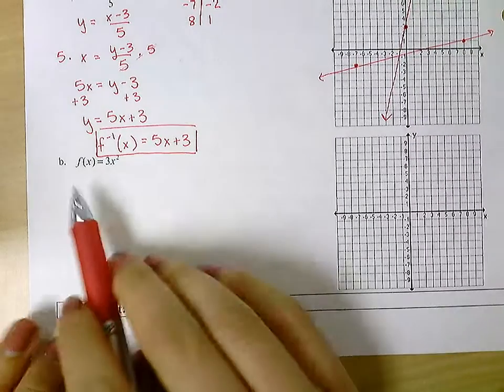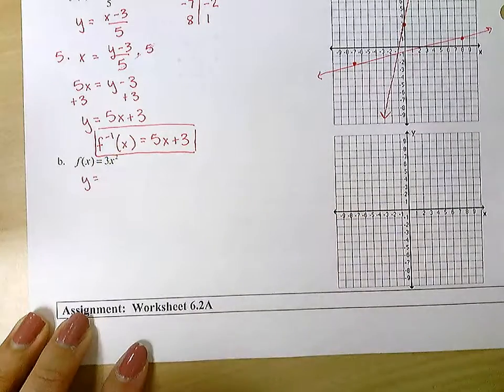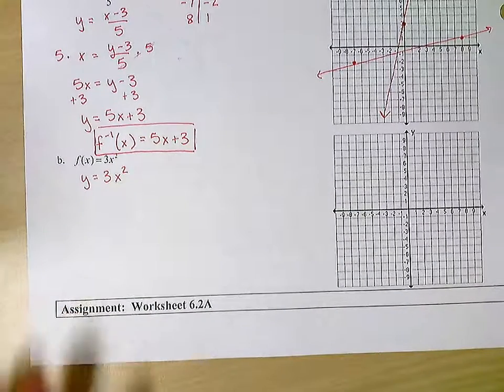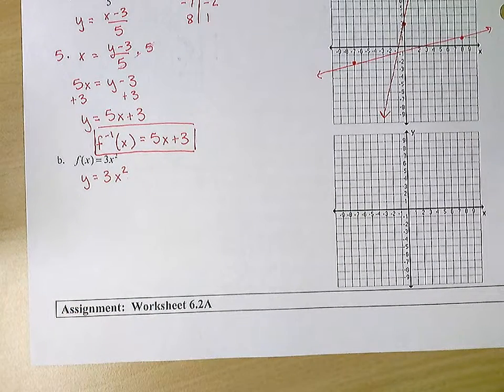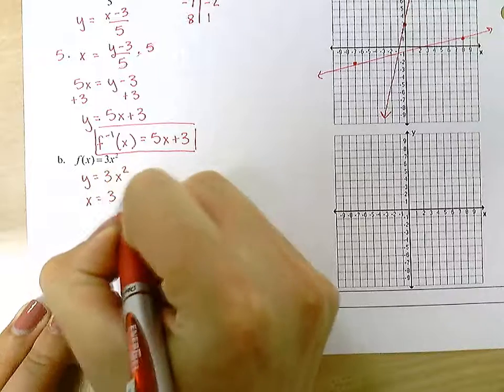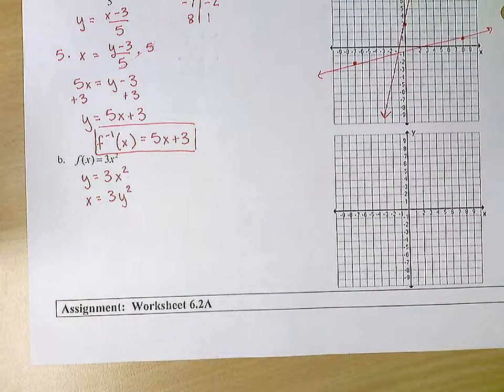So again, f of x I can just change to be y equals 3x squared. My next step is to flip-flop x and y because I'm finding the inverse. So now it'll read x equals 3y squared. Now again, I'm trying to get y by itself.